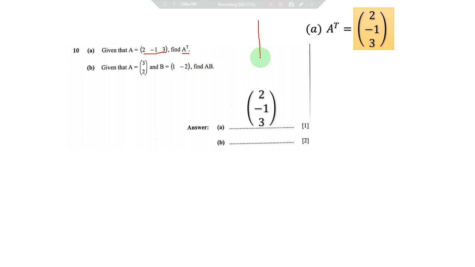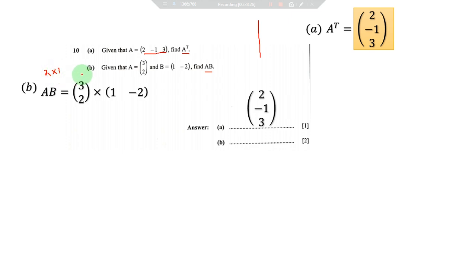Then, we are going for B. Given that A is equal to 3, 2, and then B is equal to 1, -2, find AB. So the AB we are trying to find is a multiplication of matrix A and matrix B. So if you look at the easiest way to know the order of your final answer, the first matrix is a 2 by 1.